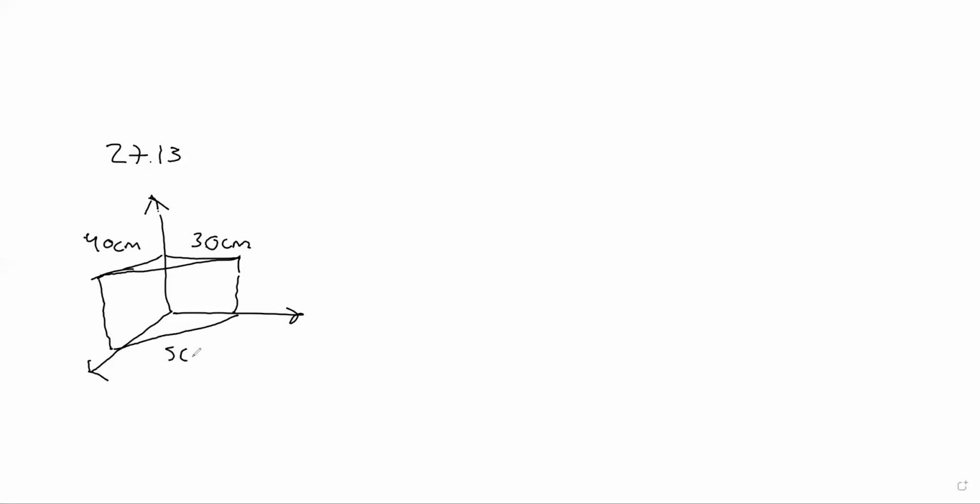And the hypotenuse is 50 centimeters, right? Now, they're asking for flux, right? And we are also given a magnetic field that goes along the Z, and then this is Y, and this is X. So we're given a magnetic field that goes along the Z direction, right?